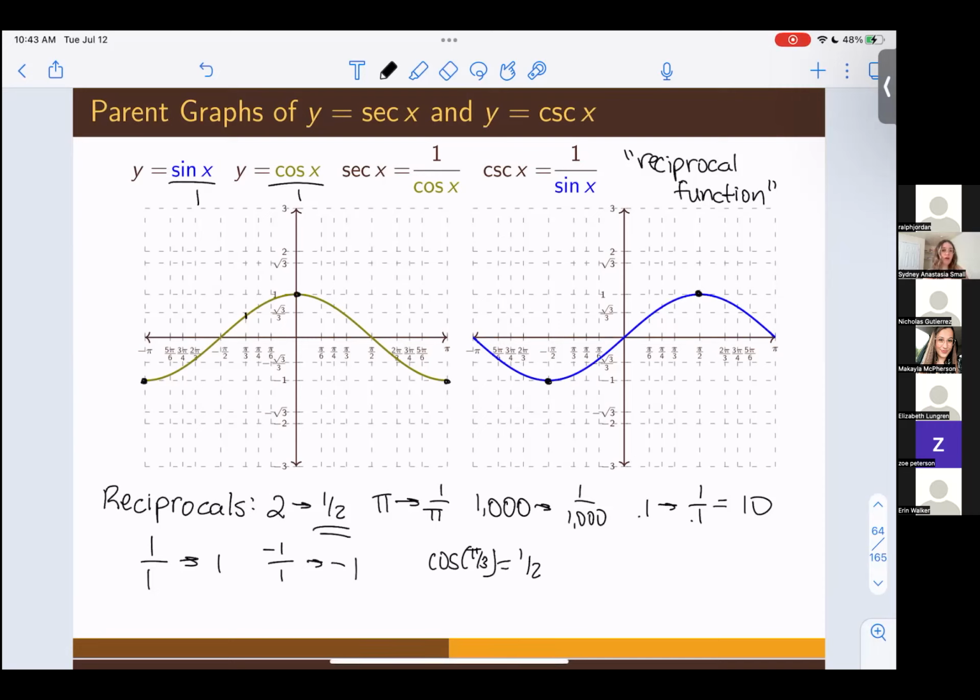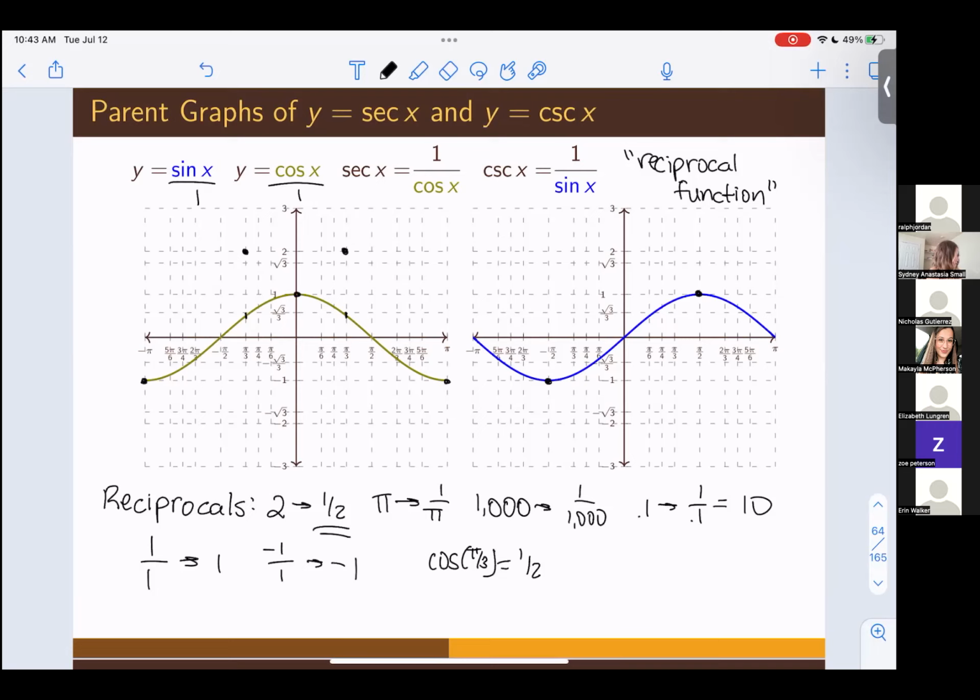So to get what the value of the secant graph is, we need to reciprocate 1/2. So we know that the secant graph has a point here at 2 because that is a reciprocal of 1/2. We have the same kind of symmetry over here with pi thirds and negative pi thirds. That's 1/2 right there. So on the graph of the reciprocal function, we will be at 2.